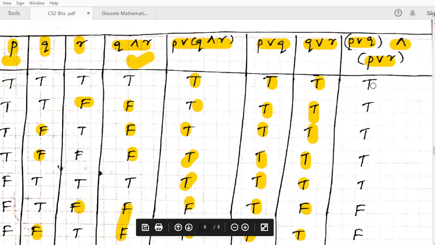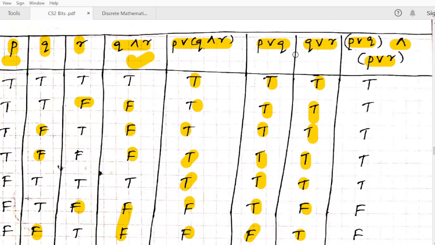Now we are going to use (P or Q) and (P or R). So this is our P or R. Please correct this. This is P or R. Okay. So we are going to use the AND operation between these two truth values.